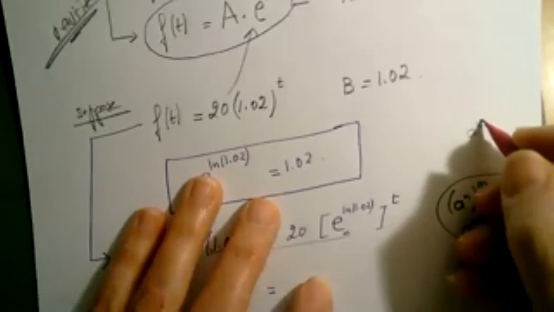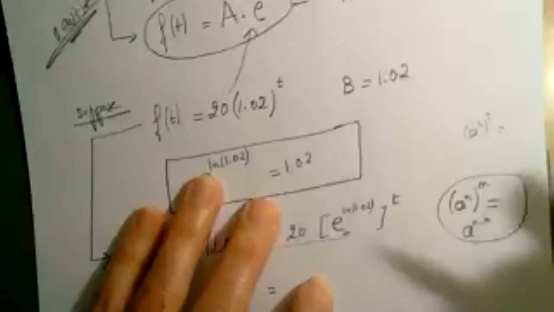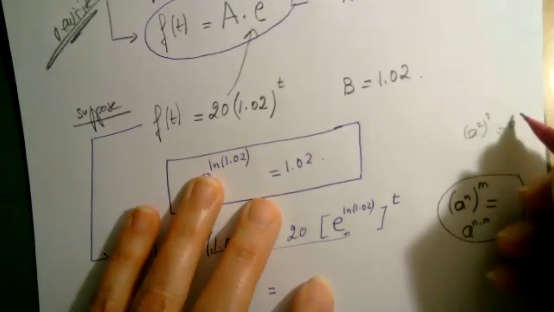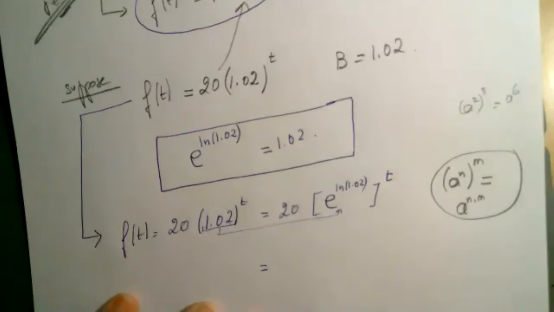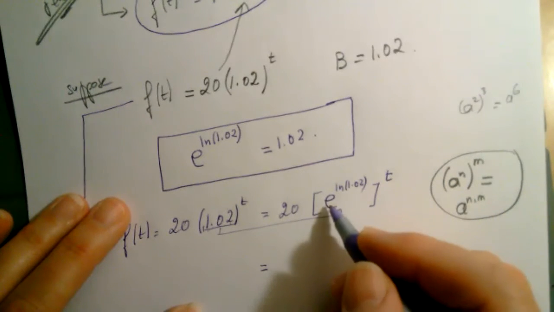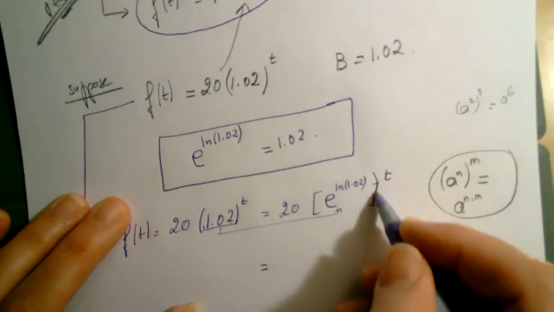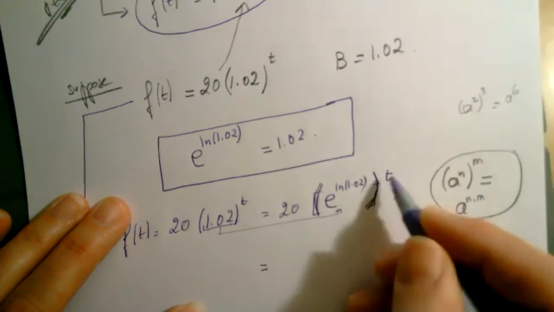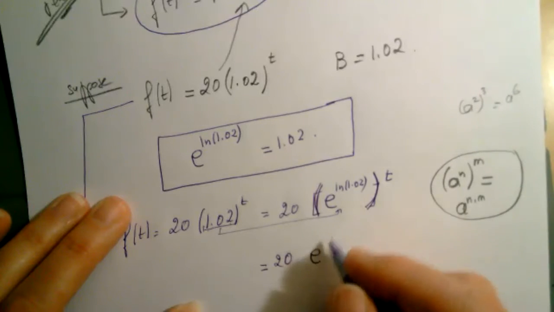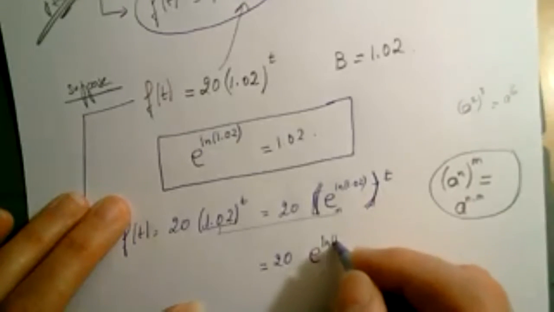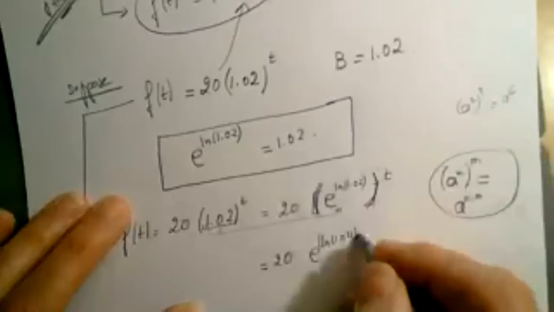If you remember, a squared to the power 3 means a squared times a squared times a squared, which is a to the power 6. So we multiply the powers. Why am I bringing this into the picture? Because I have e to the ln of 1.02, the whole thing raised to the power t. And algebraically, this is the same thing as e to the power ln of 1.02 times t.